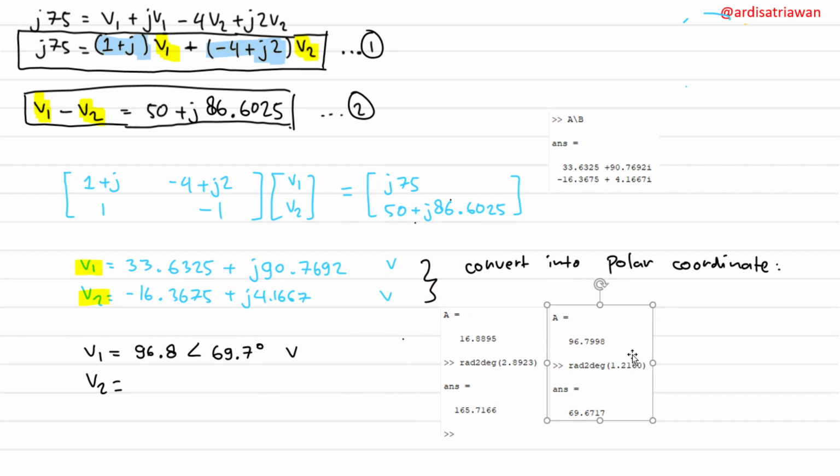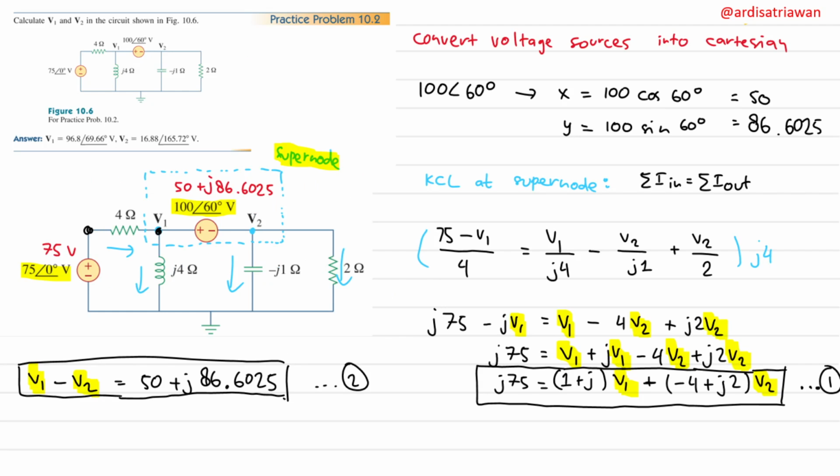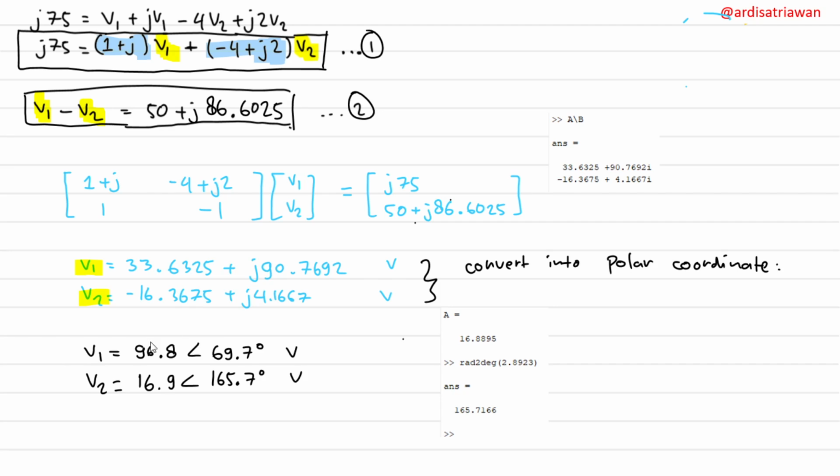Okay, so we will have V2. The amplitude is 16.9, and the angle is 165 degrees. And if you see the answer here, we have the same answer.